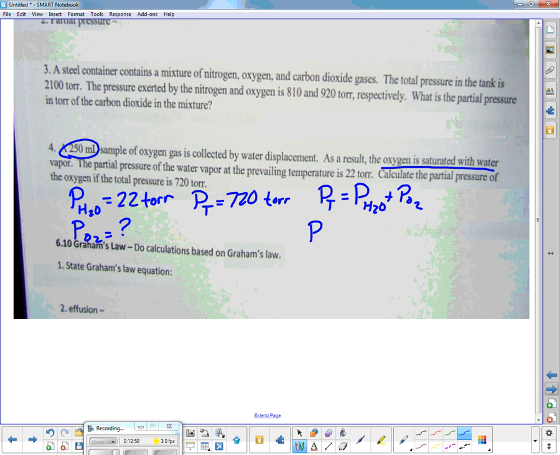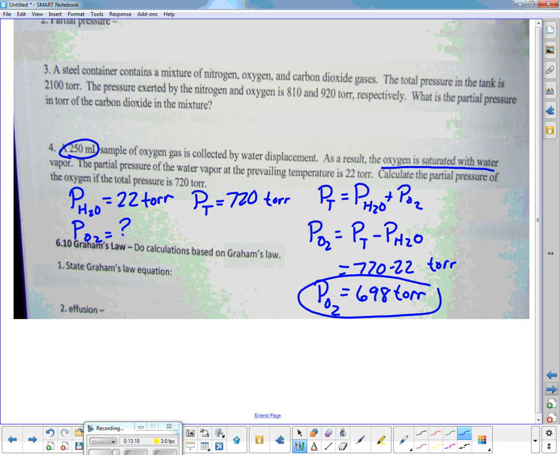So the pressure of oxygen is going to equal the pressure total minus the pressure of the water, right? So 720 minus 22, and the unit still is torr. So 698 torr is the pressure of the oxygen. Done.